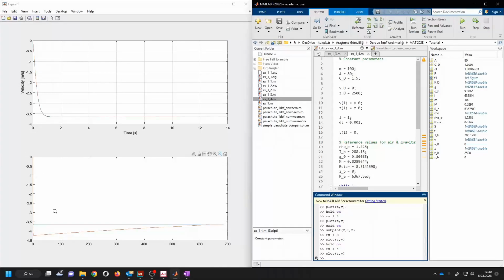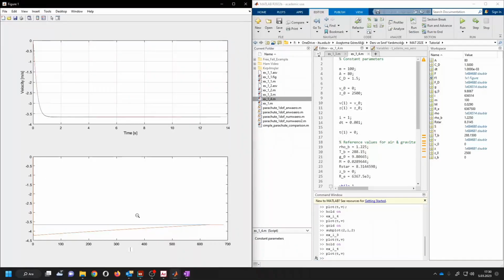So I want to focus on the initial part of my graph since the initial position is too high. It takes a lot of time for the body to reach ground, so we can't see these transient parts of the motion in detail.